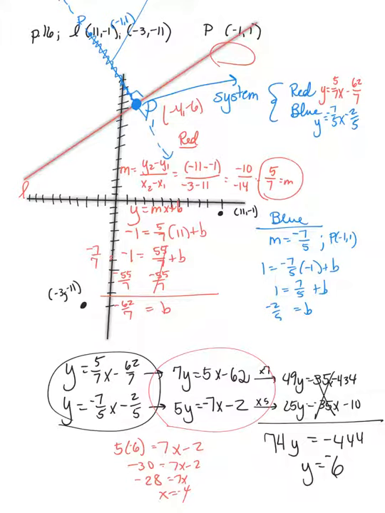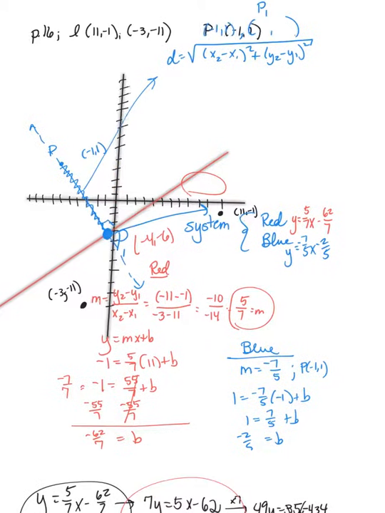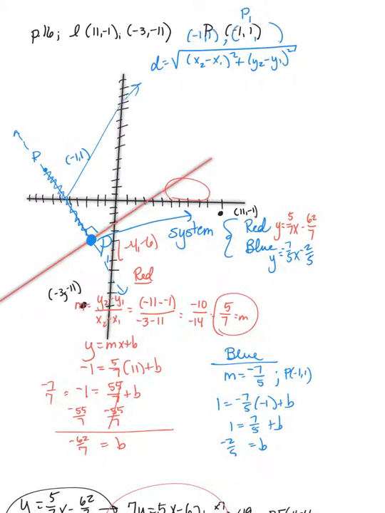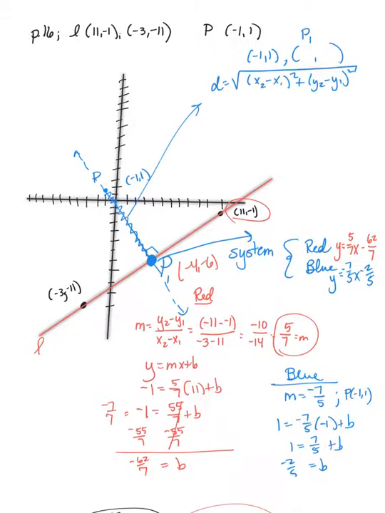Now let's see if I can bring this back down so that it's not so horrible. It still didn't work, did it? We've got a mistake. It's in the bottom of the slope form.